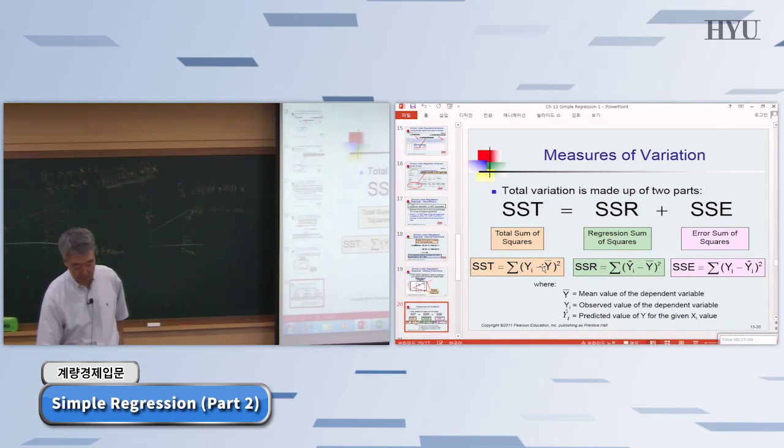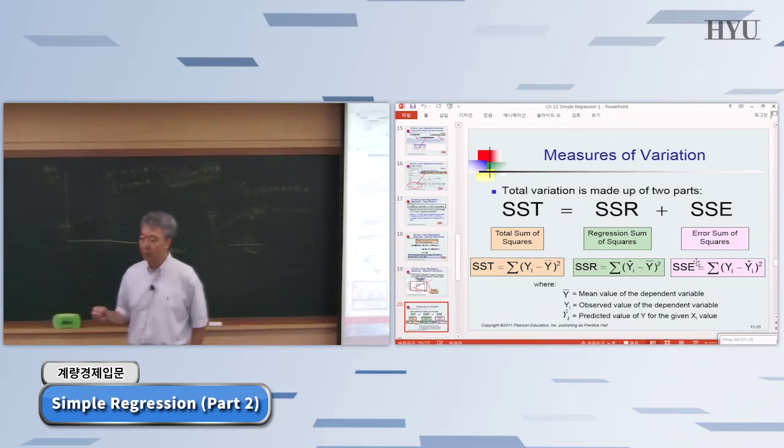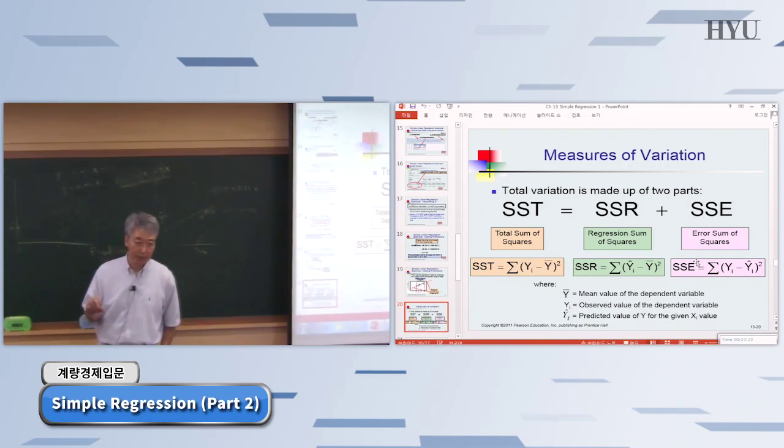yi minus y bar, y hat minus y bar, and so on, we have converted it into sum of squares, okay? Remember why we square all the deviations? Because if you just simply add up all the deviations, some deviations are negative, some are positive, right?